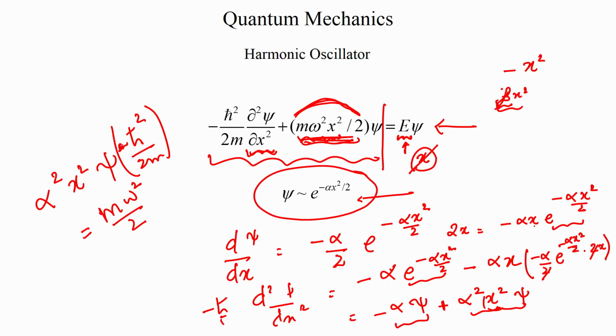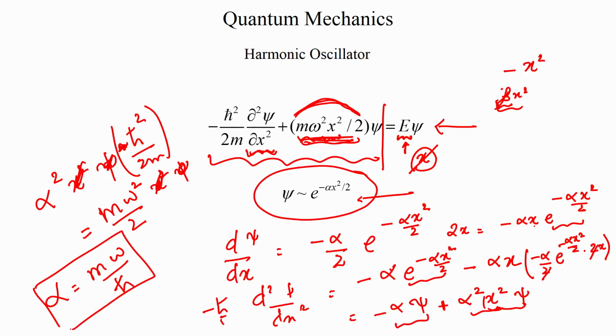We do not need to retain the negative because it is the opposite sign for you to cancel. So, the magnitudes of these two needs to be the same. So, this m omega square x square by 2, this also has a psi here. So, this implies that my alpha is going to be m omega by h bar. So, that is my alpha.